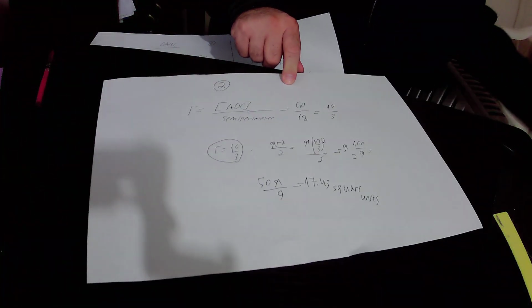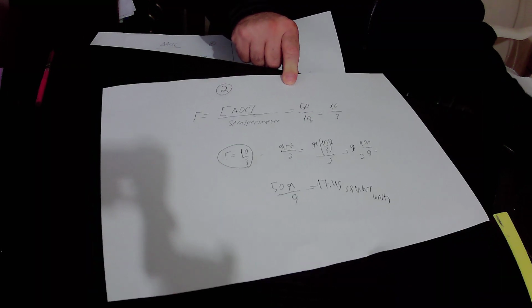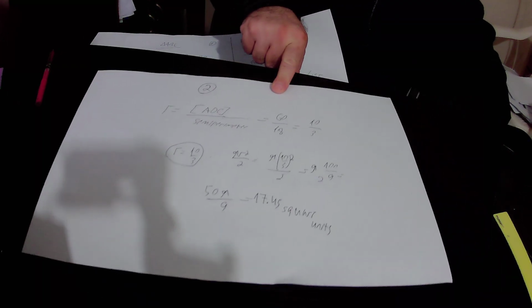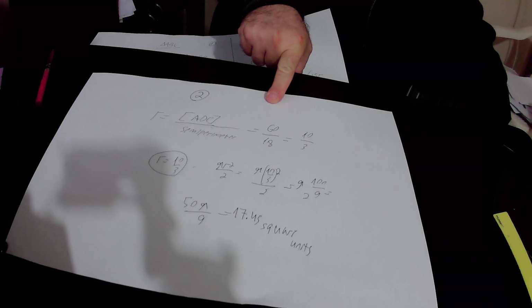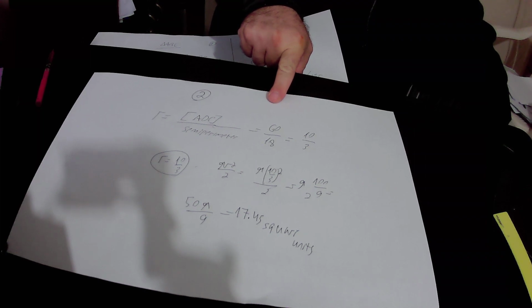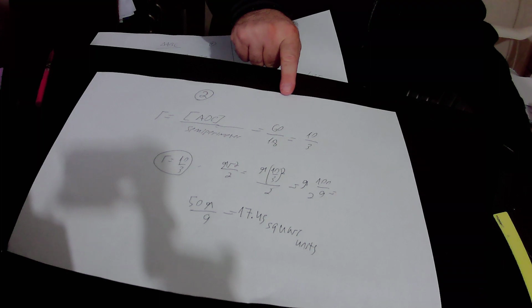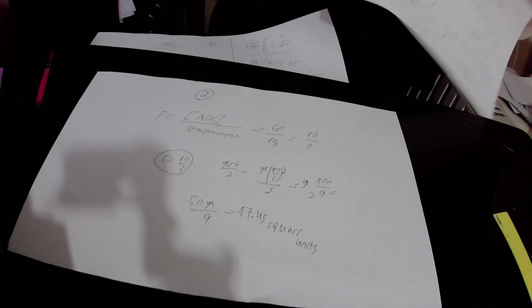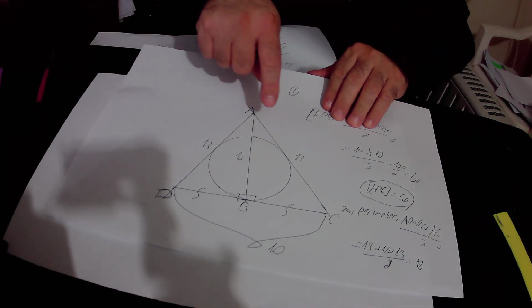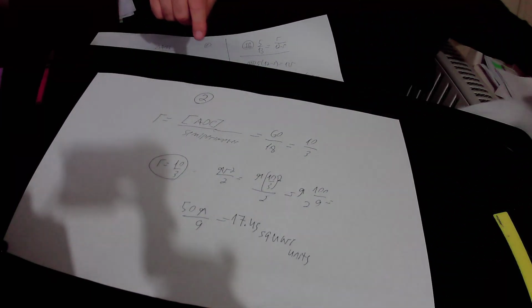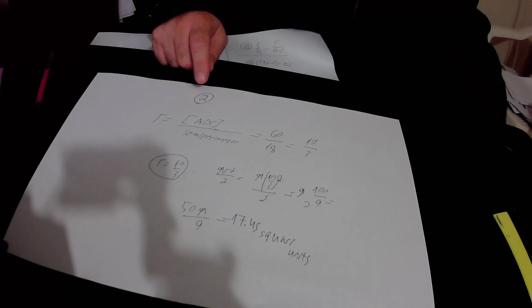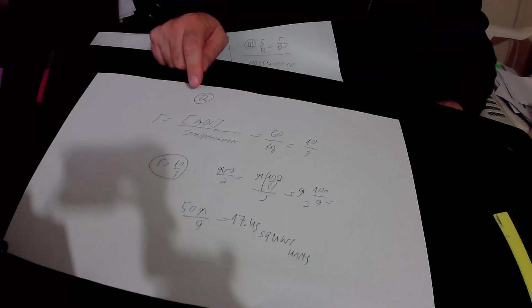Okay, and we know that whenever you have a circle that is inscribed by a triangle, like in our drawing, where this circle is inscribed by triangle ADC, then we can find the radius of this circle.